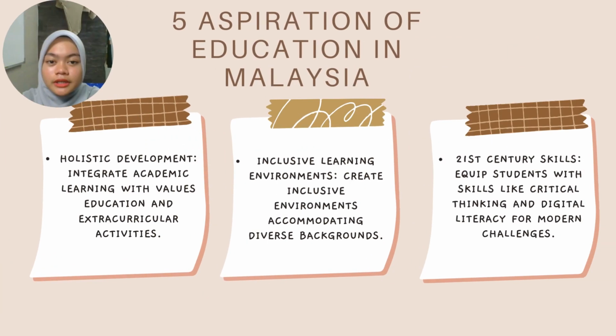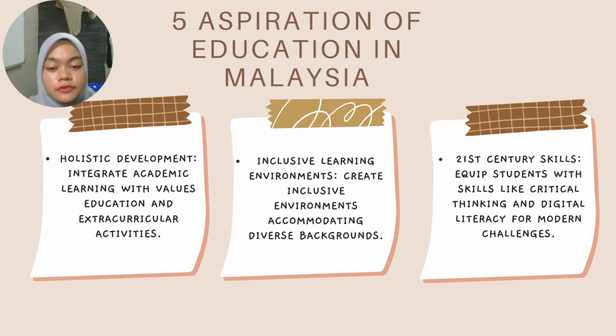The third aspiration of education in Malaysia is about holistic development. So, fostering holistic development by integrating academic learning with values education, character development, and extracurricular activities to nurture well-rounded individuals capable of contributing positively to society.